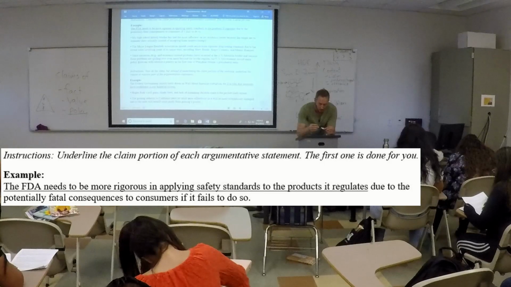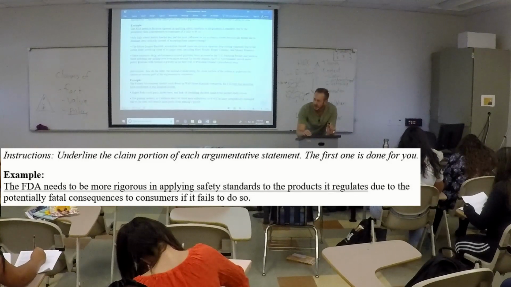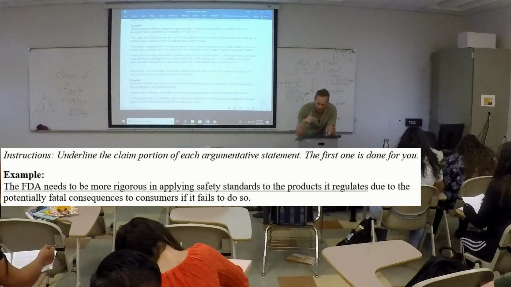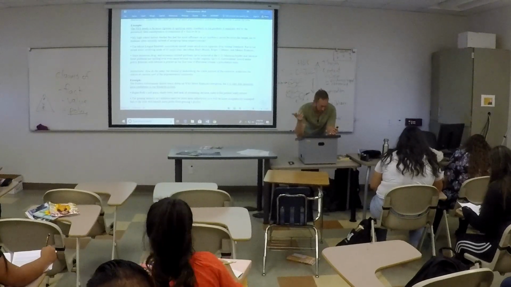So you see the claim portion at the beginning and then the reasoning portion after. And what signifies the difference between the two? Is there any language that keys you in, that signals that we've moved on to the other section? Due to. And I want you to circle due to. So I would suggest doing that.